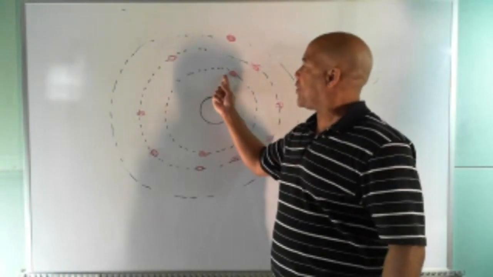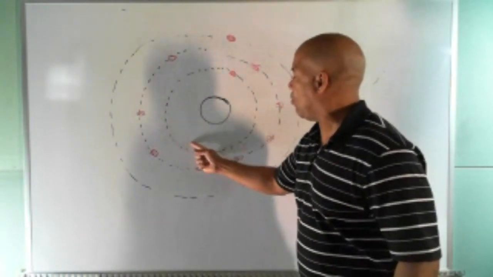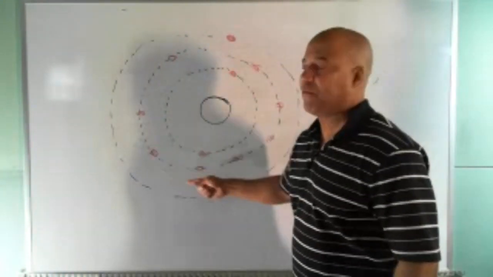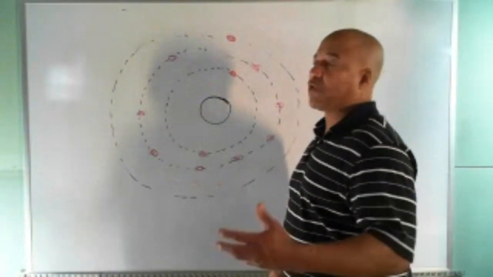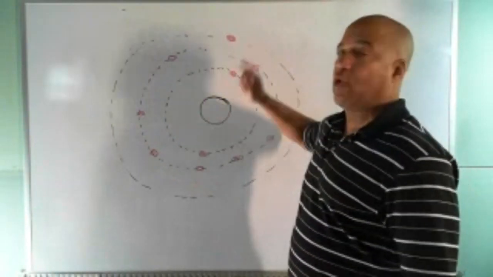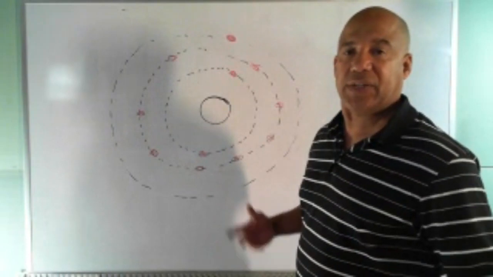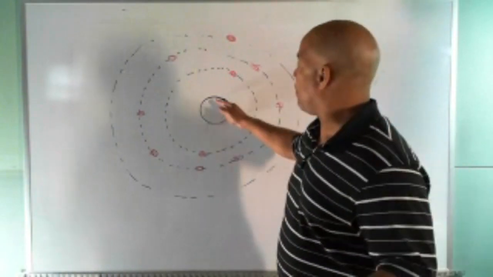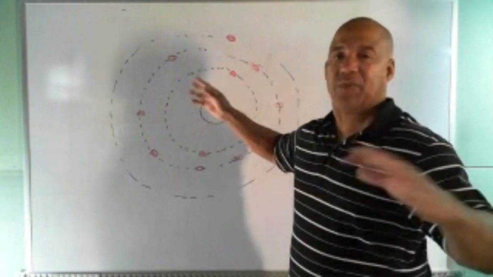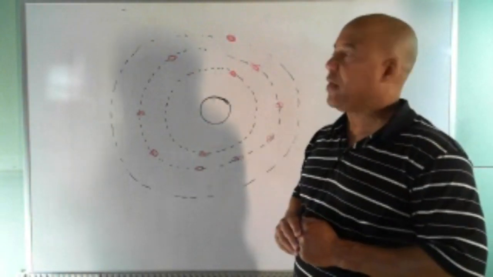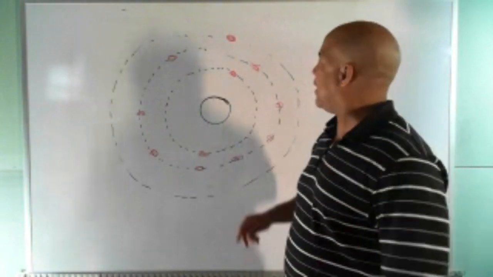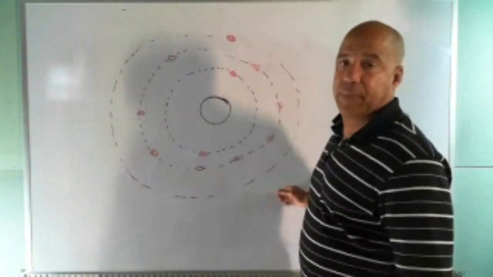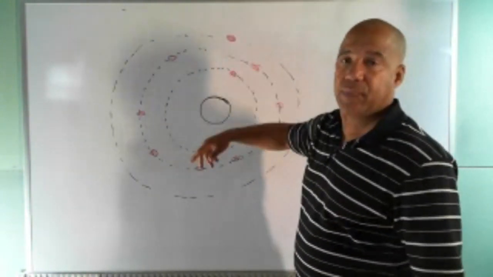They're a certain fixed distance away from the nucleus. Each one of these orbits is a certain fixed distance. And if an electron is there, it's got to be in one of those orbits. It can't be anywhere in between. That's impossible. It just doesn't work that way. An electron can actually move from one orbit to another, depending on some physics that I don't want to get into. But what I do want to get into is this outermost orbit or ring.